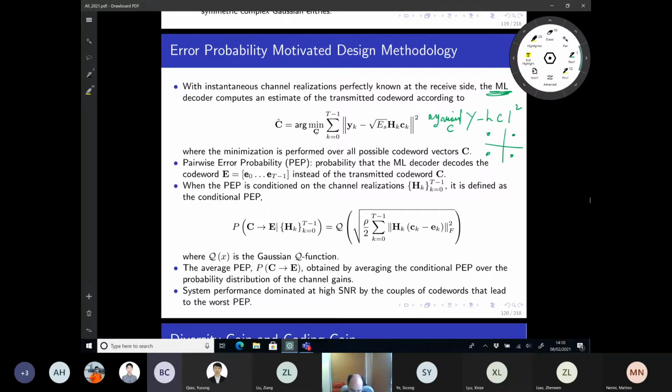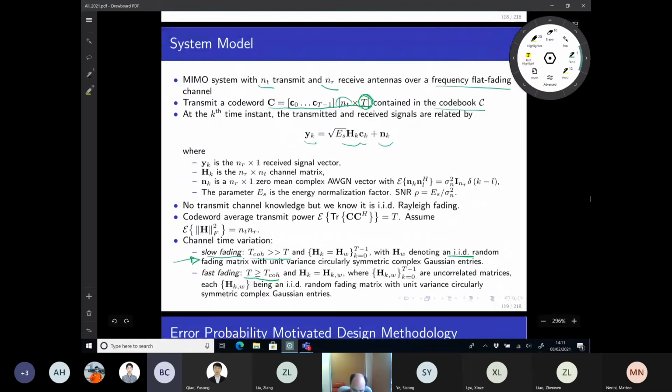Among all possible codewords in this codebook, you're looking for the one that minimizes the sum over the T symbol instances of the difference between your received observation vector at time k and h_k c_k, right? So it's always the same kind of idea: a distance between your received observation vector and h_k c_k. And you sum over all those k because your codeword has a duration T, right?